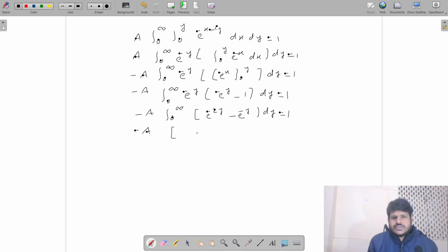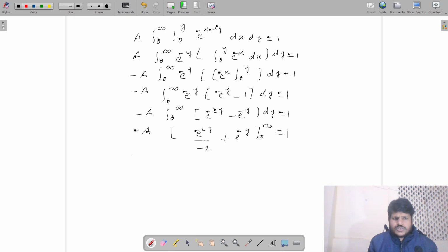We have e raised to power minus 2y upon minus 2, minus e raised to power minus y, with limit 0 to infinity equal to 1.